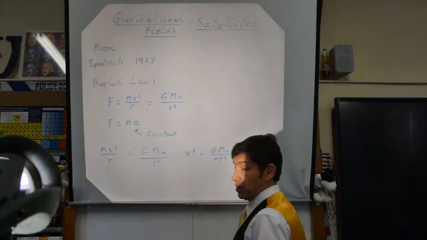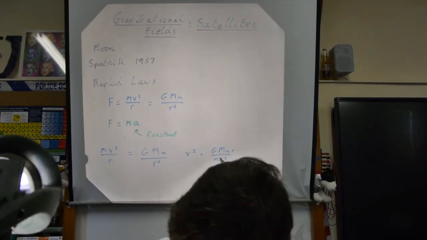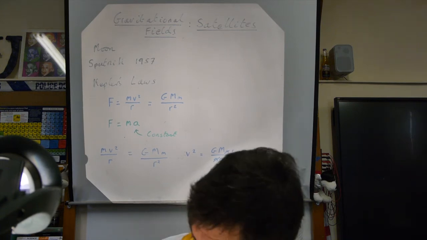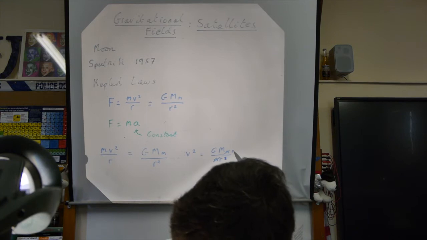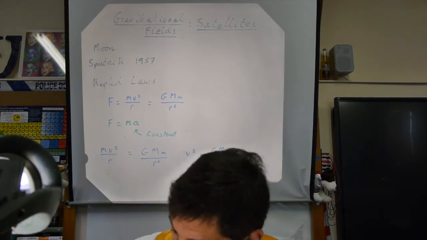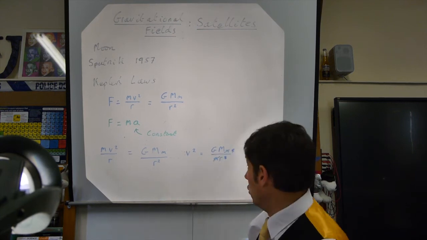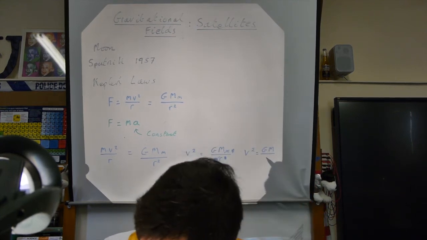So let's take that a bit further. The mass of the satellite goes, that squared goes, and so does that r. So we're left with v squared is equal to G, mass of the object that is being orbited, divided by r.